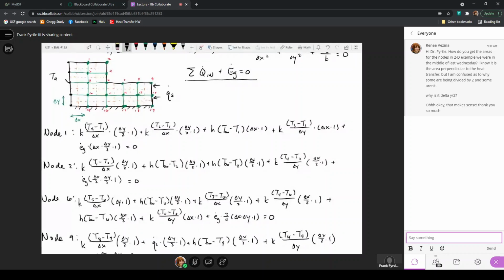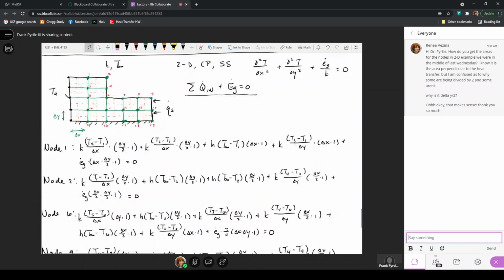If I have generation occurring, we have a constant surface temperature here, convection on these upper surfaces, a heat flux, and an insulated condition. Well, I would expect that the highest temperatures here are going to be along this boundary where I have an insulated condition and where I'm putting the heat in.